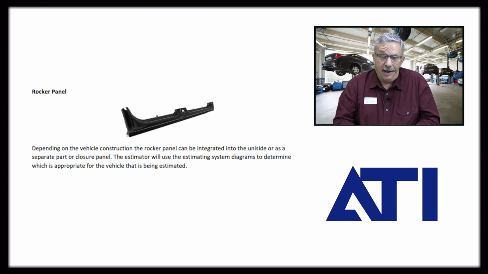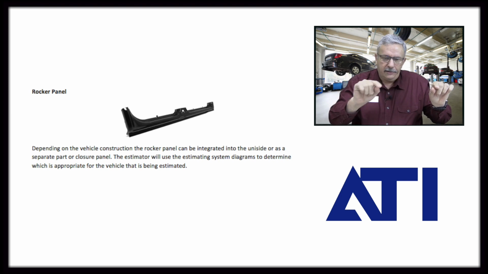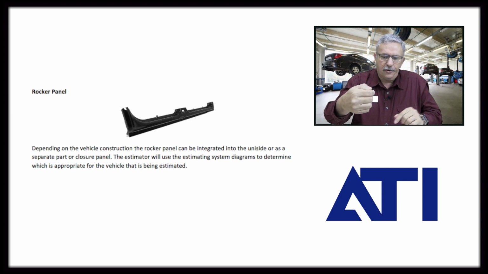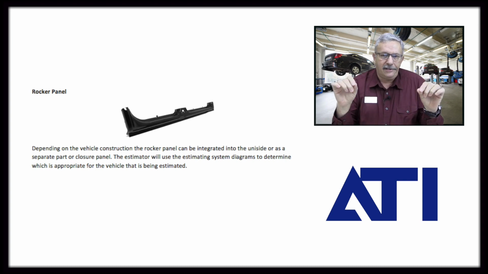But the important part about this is when these are put in, we're building a closed, boxed section. When we do that, we have a heat effect zone that goes behind every place you weld. Behind it, you're going to burn through the black paint that's on there, which is electrodeposition primer, EDP.